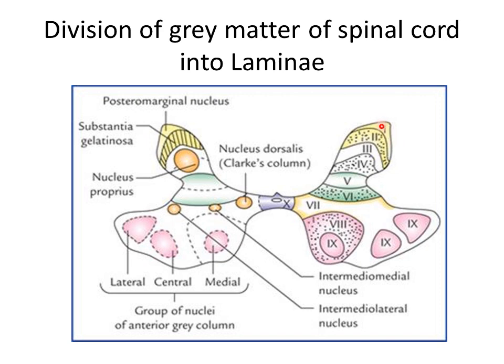Lamina 2 corresponds to the substantia gelatinosa, lamina 3 and 4 to the nucleus proprius, and laminae 1 to 4 correspond to the head of the dorsal gray column. Now, lamina 5 corresponds to the neck of the dorsal gray column, and lamina 6 to the base.